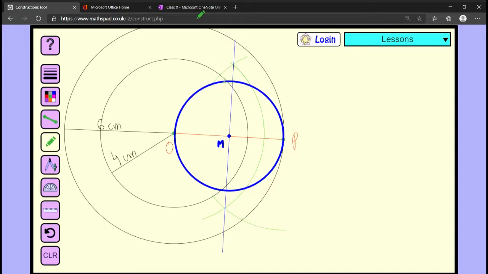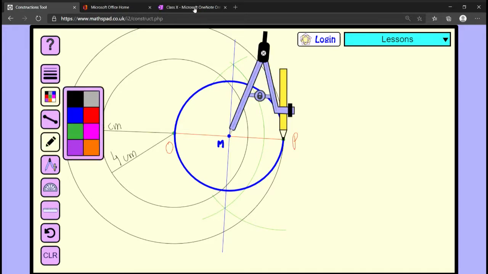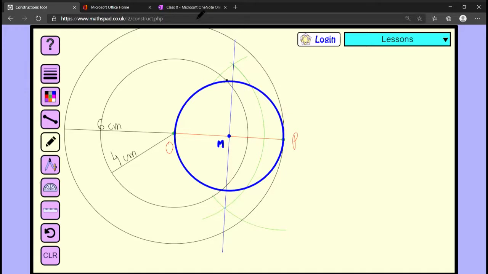So this is one point of contact. Let's name it as Q and this one as R. You will join PQ and PR and obtain tangents to the circle.